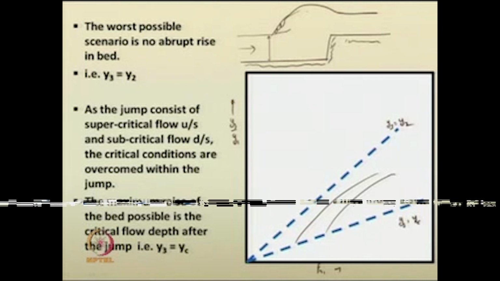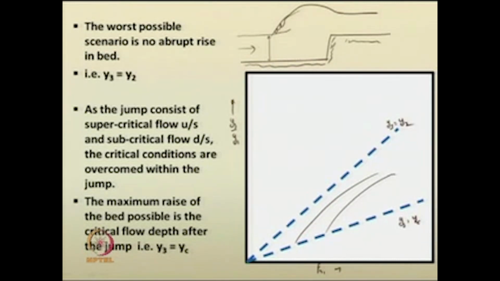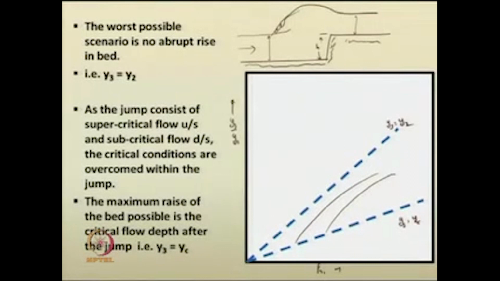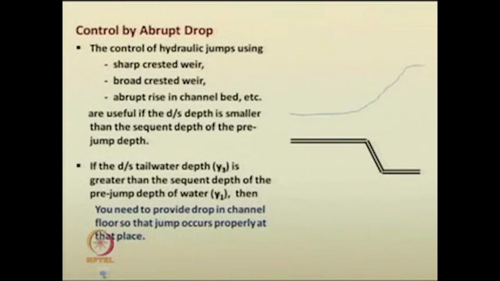So, the maximum rise of bed that is possible is when the flow depth here is critical. You cannot design any rise of the bed beyond this. If it goes beyond this, it may affect the hydraulic jump considerably. So, that is one criterion you need to remember always.